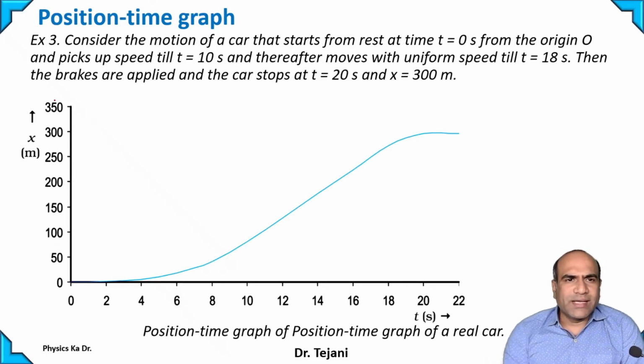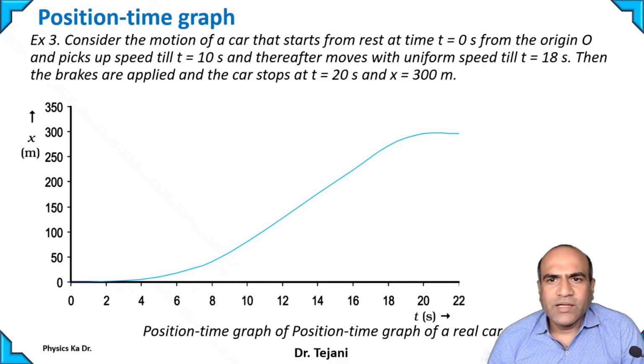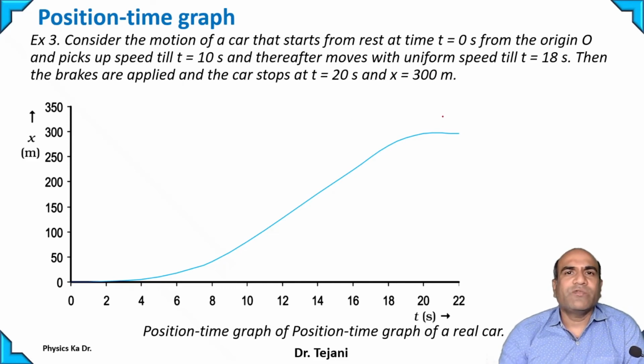Let's have one more example, which is a realistic example. Example number 3: consider the motion of a car. Say, for example, you start your car from rest. We know that when we start a car, it starts from zero motion, and then there is an increase of speed.